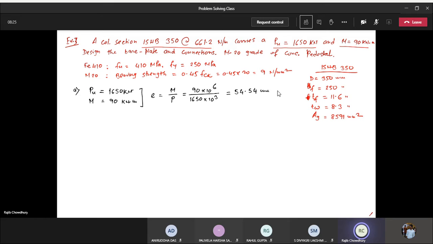Okay, now once this eccentricity of 54.54 mm is developed, then what we are going to do is, let me just take into account a particular figure first. Okay, so in this particular figure, let me draw in this way that this particular base plate would be there. On the top, the column would be resting.